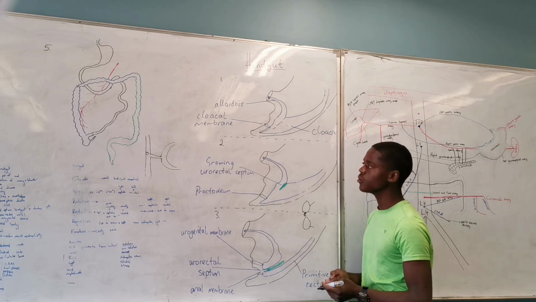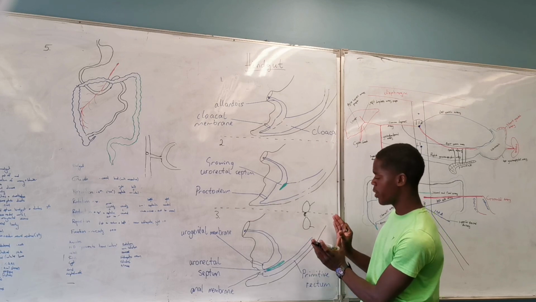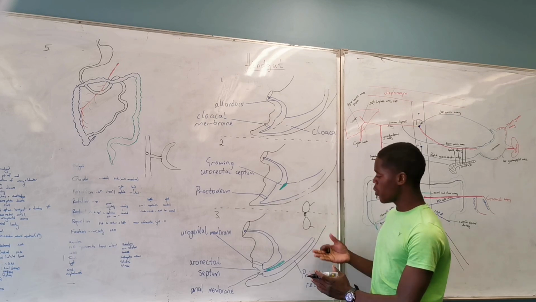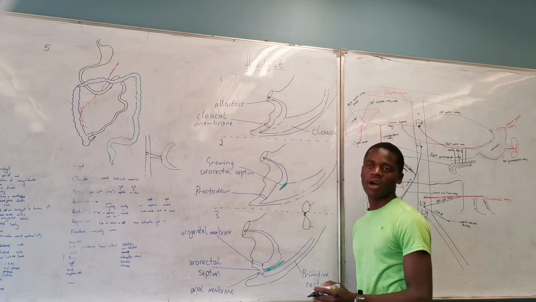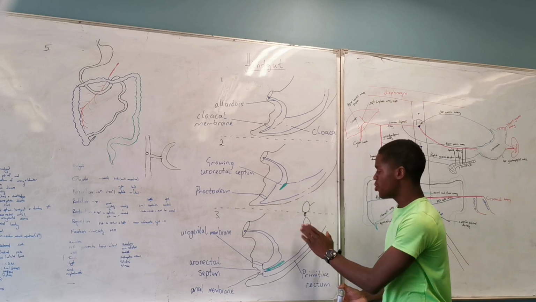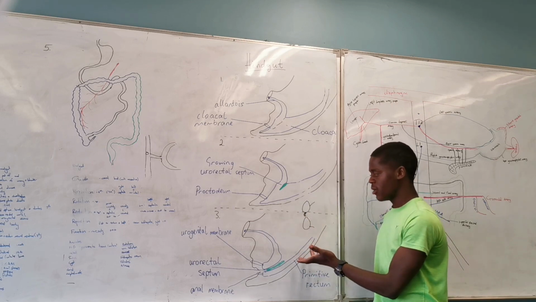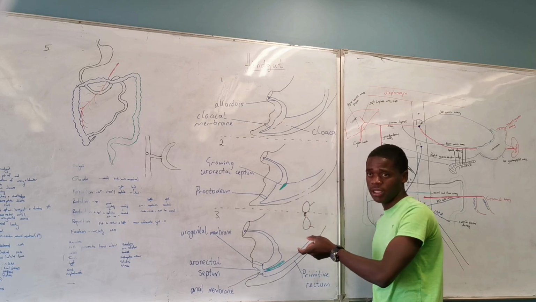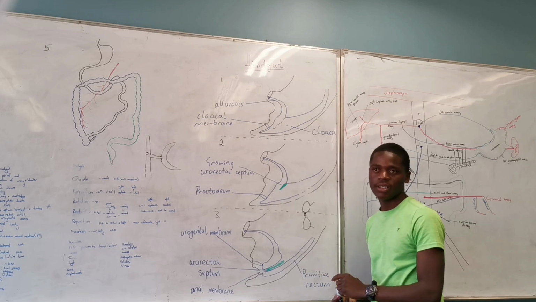Now, we want to focus more on the anal canal. We need to know that the anal canal is not yet opening to the outside. It ends on the inside, and there is still an anal membrane covering it, so it does not yet communicate with the outside.